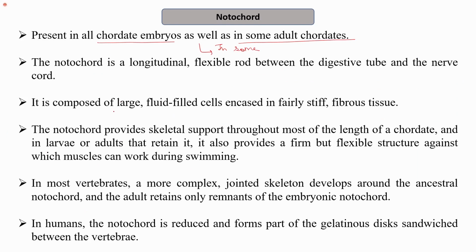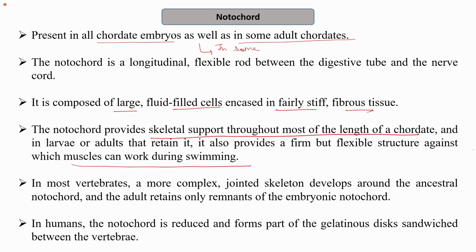It is composed of large fluid-filled cells encased in fairly stiff fibrous tissues. The notochord provides skeletal support throughout most of the length of the chordate. And in larvae or adults that retain it, it also provides a firm but flexible structure against which muscles can work during swimming. So therefore, it actually acts as a skeleton.